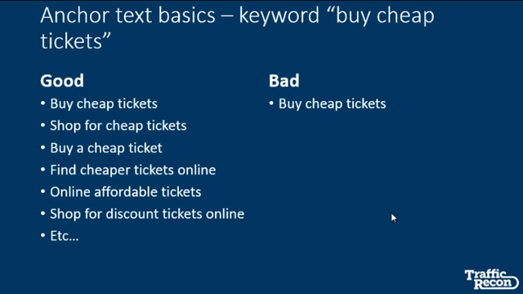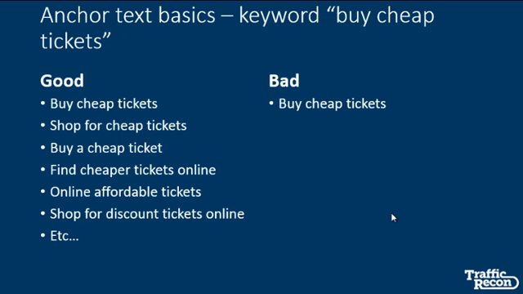But in that context, if you're using buy cheap tickets, you can also use shop for cheap tickets, buy a cheap ticket, find cheaper tickets online, and then start to think about synonyms: online affordable tickets, shop discount tickets online. Those are all really great anchor texts, which from a semantic standpoint all say the same thing.